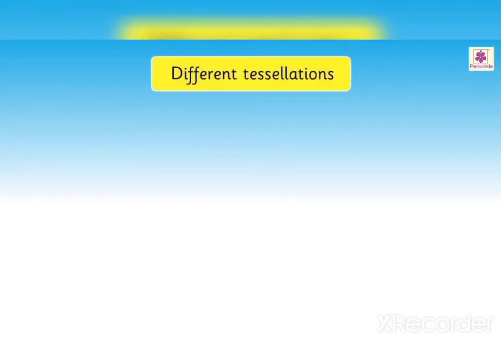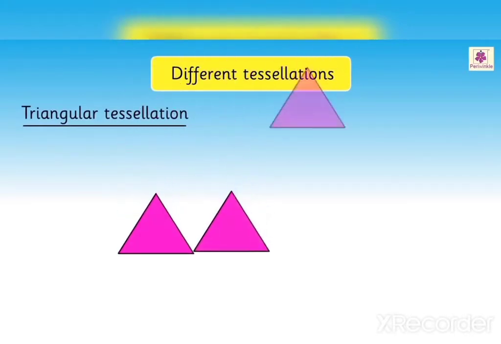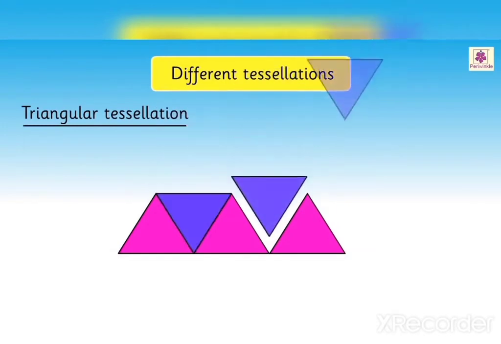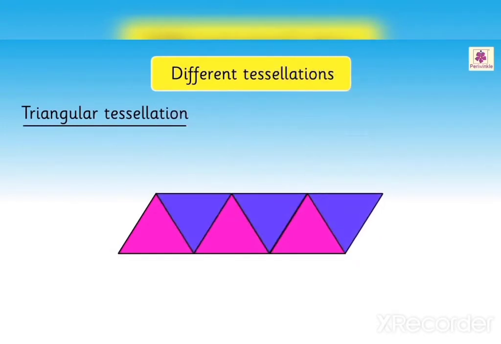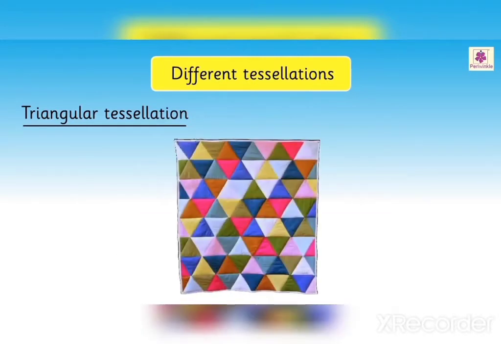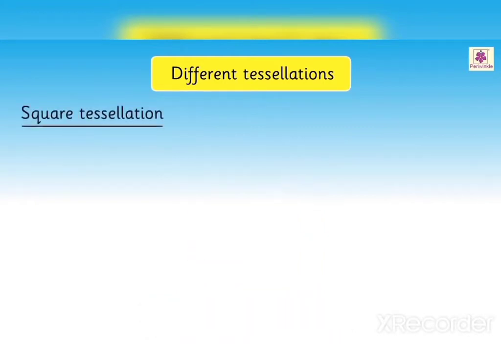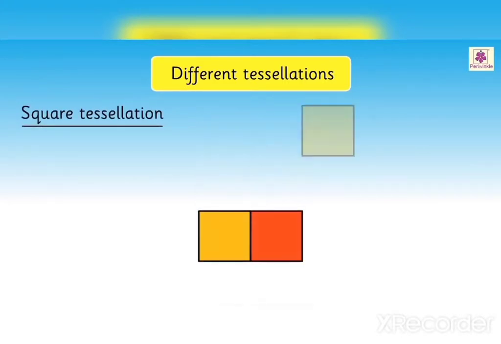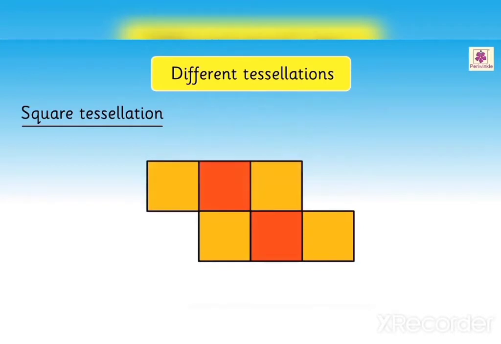Now, let us study different tessellations. Triangular tessellation. Triangular tessellation is where triangles are arranged in a pattern. This quilt is a tessellation made of triangles. Square tessellation. Square tessellation is where squares are arranged in a pattern.